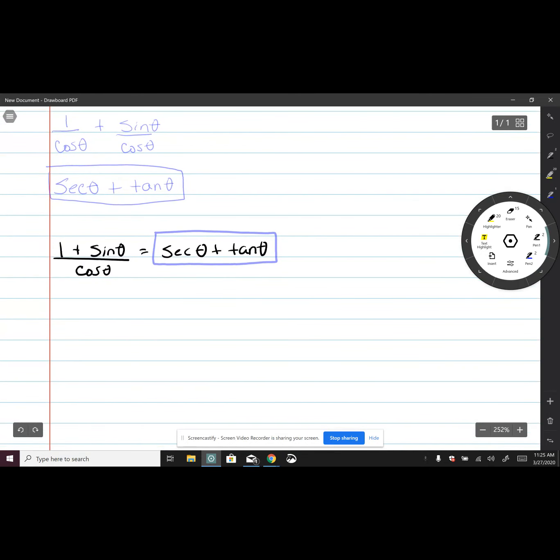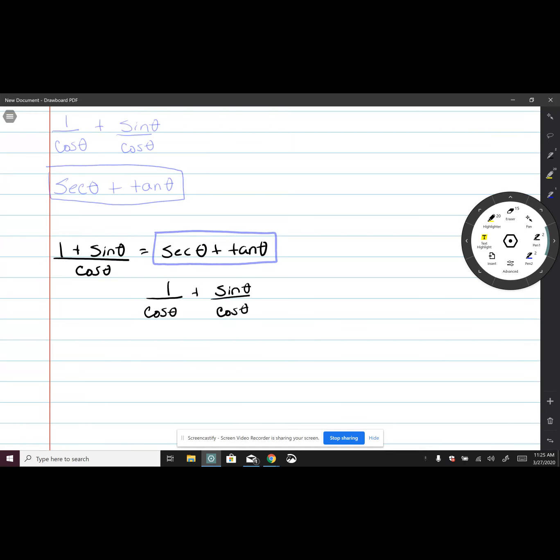So I'm looking at this. I want to turn this into a whole bunch of sines and cosines. So I'm going to say, okay, secant theta, because it's a fundamental identity, is the same thing as 1 over cosine of theta. And tangent of theta is going to be sine theta over cosine theta.